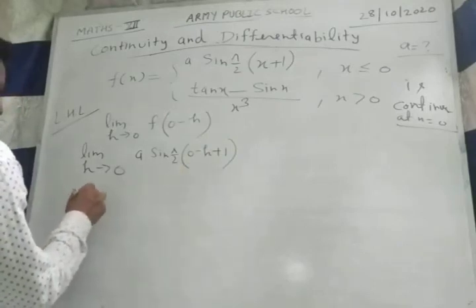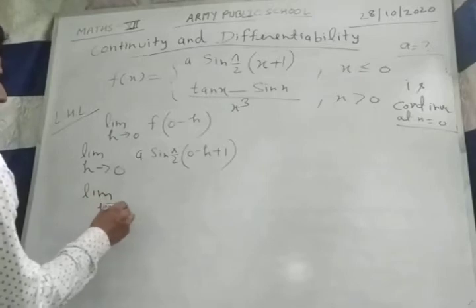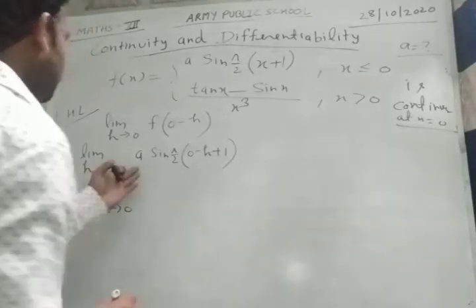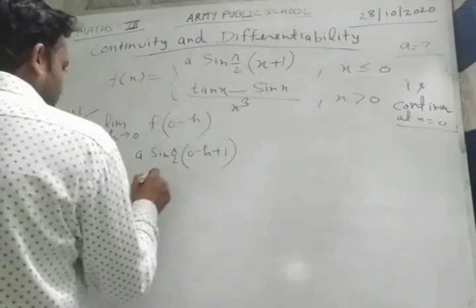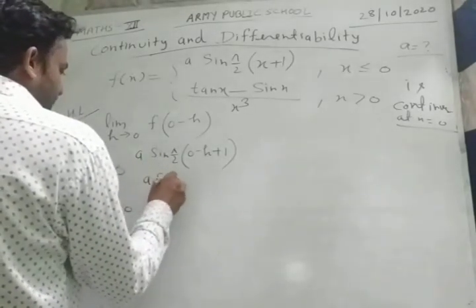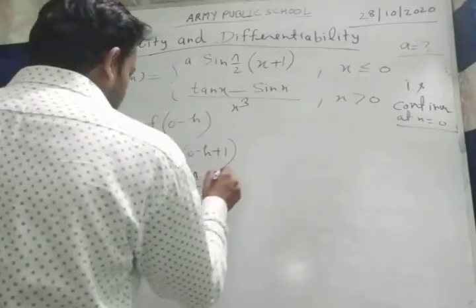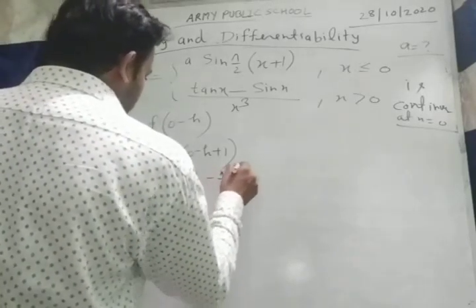So limit h tends to 0, we send this inside, we get a sin(pi by 2 minus pi by 2 h).